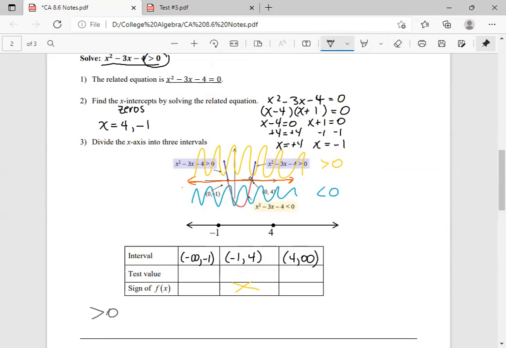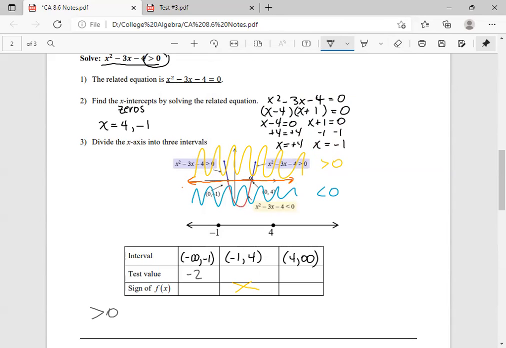If you can't see that on your graph, you can also use this test value thing. With the test values, you're going to pick any number that you can think of that's between -infinity and -1. So we could pick -2, because that is in between -infinity and -1.